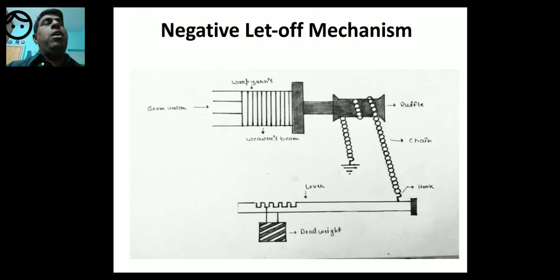Generally 1.5 to 2 turns will be wound on the ruffle, but if you alter it, if the chain is wound 2.5 to 3 times or 1.5 to 2 times, it has effect on the tension of the warp beam.